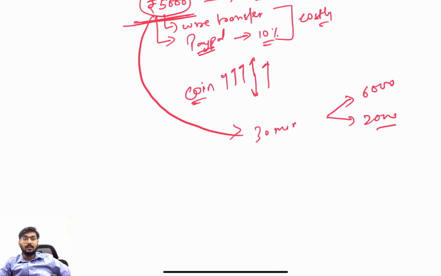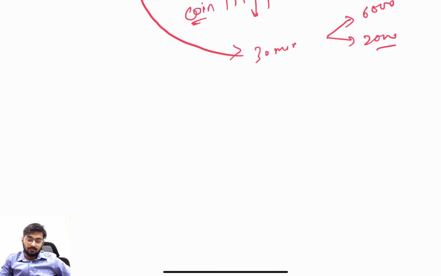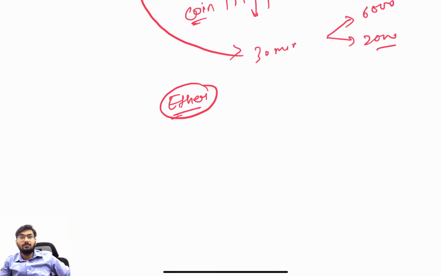Now over here we have bitcoins. Clear? Bitcoin is the first and still the most popular way of transferring money from one place to another. Clear? And then we have Ether. This is the second one after Bitcoin. See, these are all privately created coins, so I can keep the names the way I want. Clear? They are not authorized by any government or central bank or any agency. Clear?